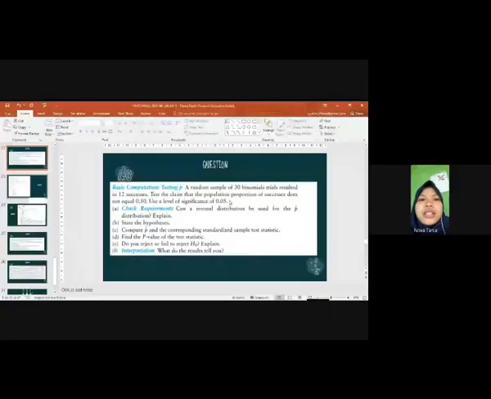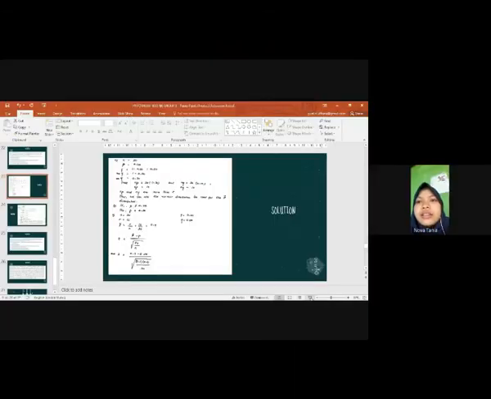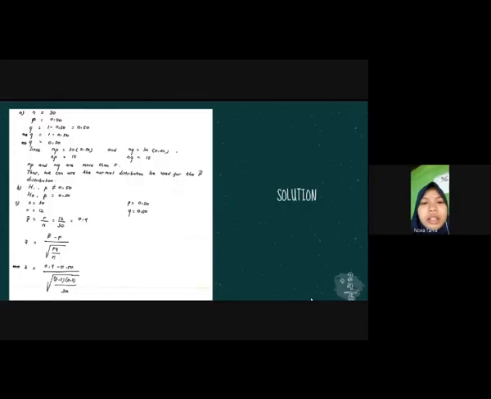For B you are right, and for C you are right too. But in D, the p-value is incorrect, because this is a two-tail test, and we know that the p-value for a two-tail test is 2 times the p. Please next.